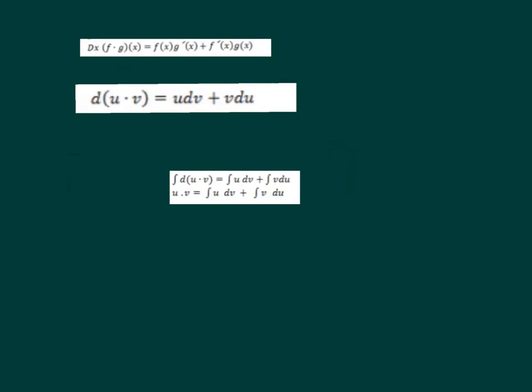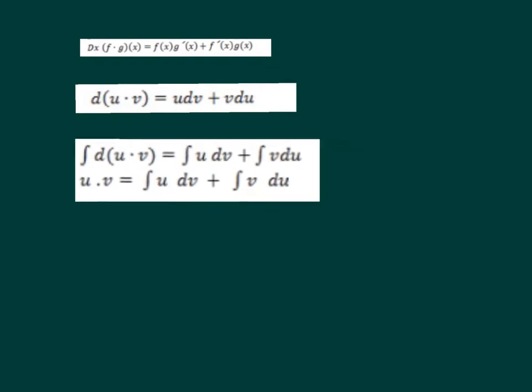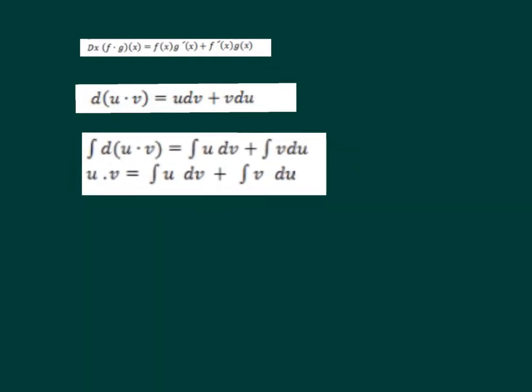So when you integrate both sides of the formula, you have that the integral of the differential of uv equals the integral of u times dv plus the integral of v times du. Then, as the differential and the integral are opposite operations, you have that u times v equals the integral of u times dv plus the integral of v times du.